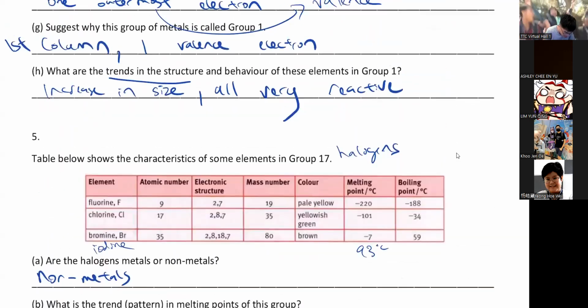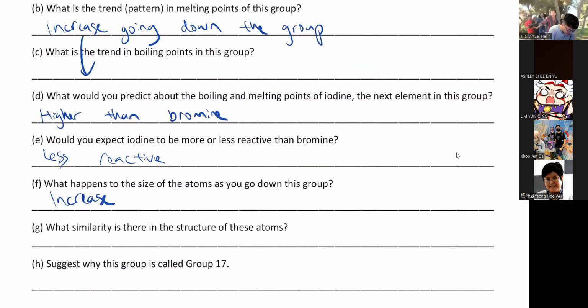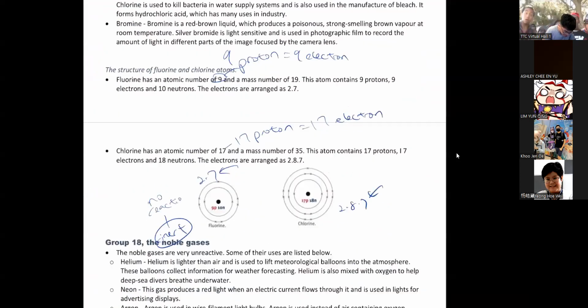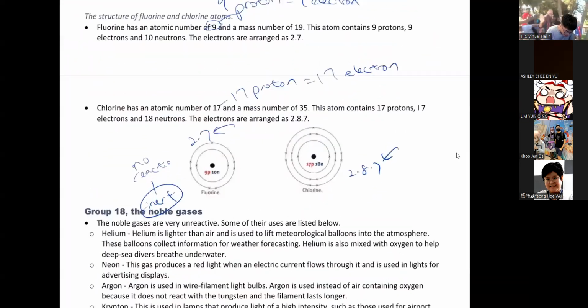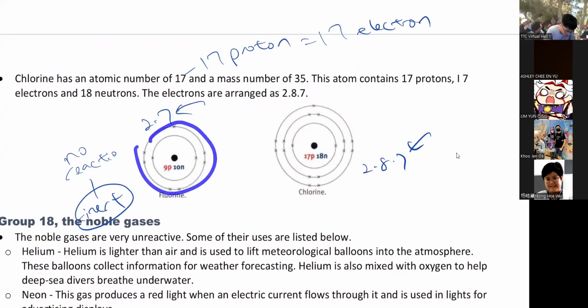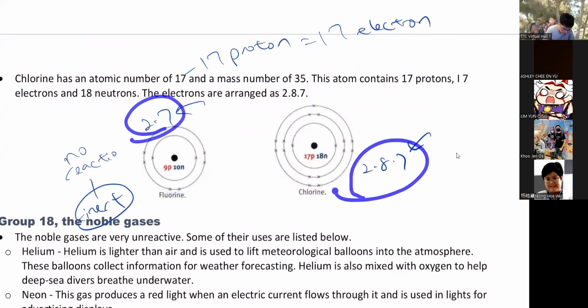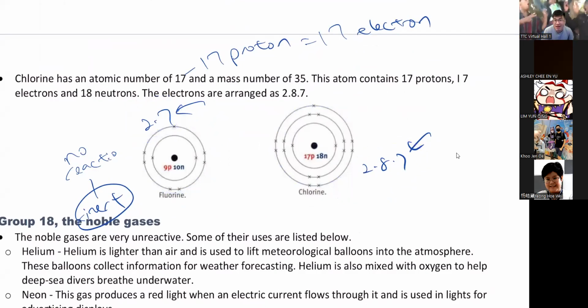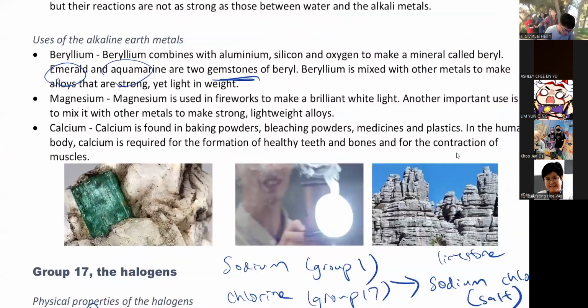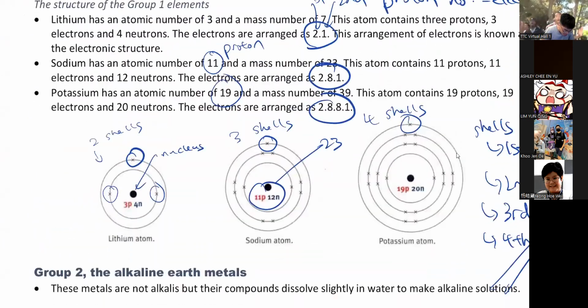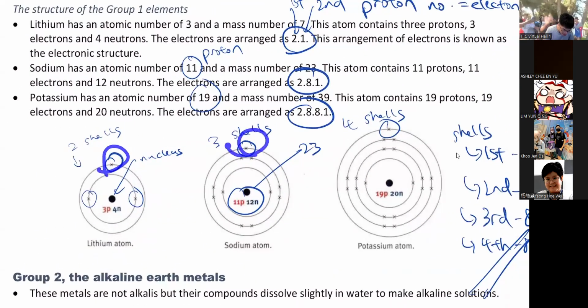Alright, so G, what similarity is there in the structure of these atoms? 共同点在哪里? How are they the same? They have the same number of outermost electrons, right? 2.8.7. This is why they are in group 17. Same goes for group 1: they have one outside, one outside, one outside.